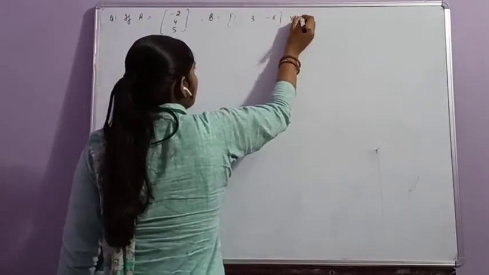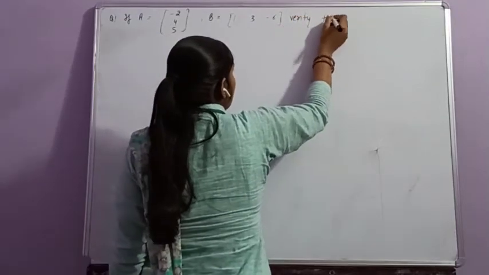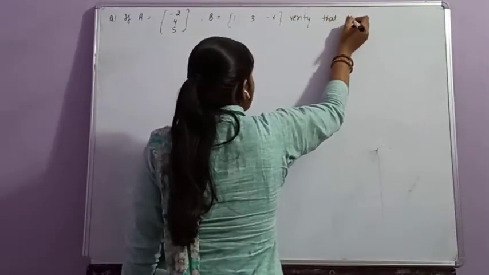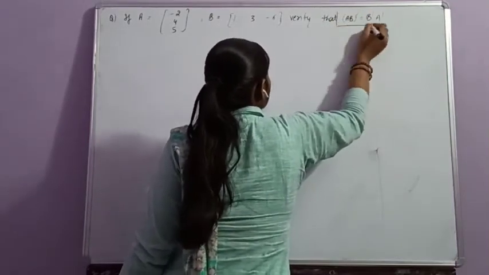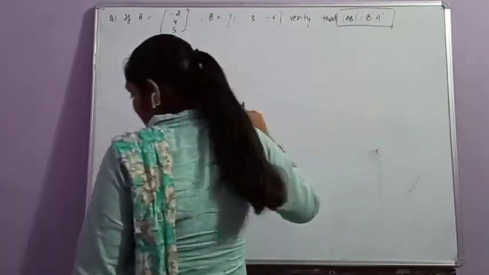Verify that AB transpose is equal to B transpose A transpose. We have to prove that. Clear?